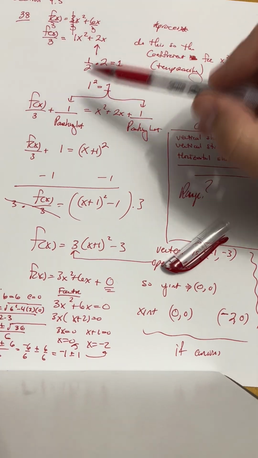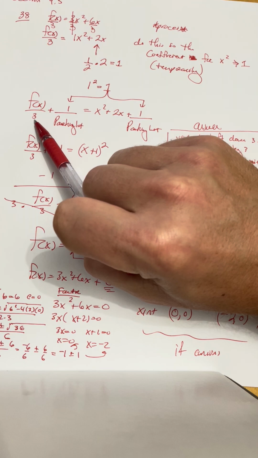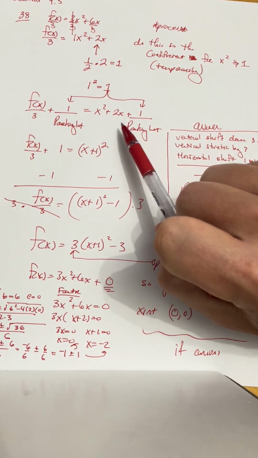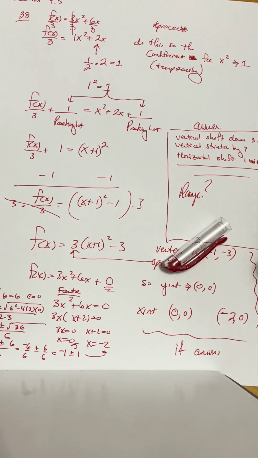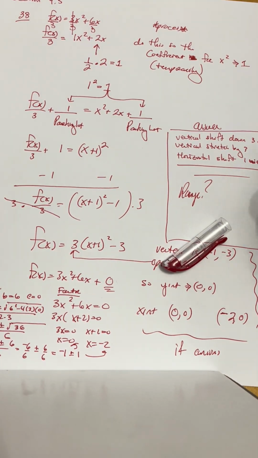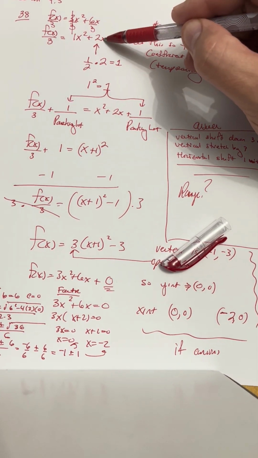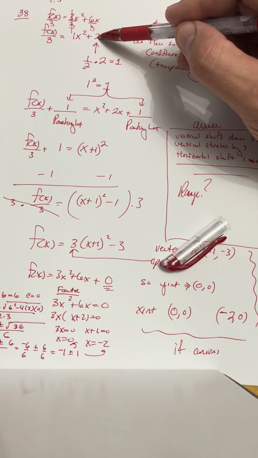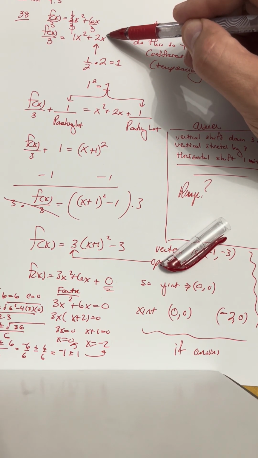Now, the next step is actually to generate the parking lots. So you're going to have f of x over 3 plus the parking lot is equal to x squared plus 2x plus the parking lot. Now, how did I get these 1s? This is the completing the square process. You take the coefficient that is attached to the x to the first power.